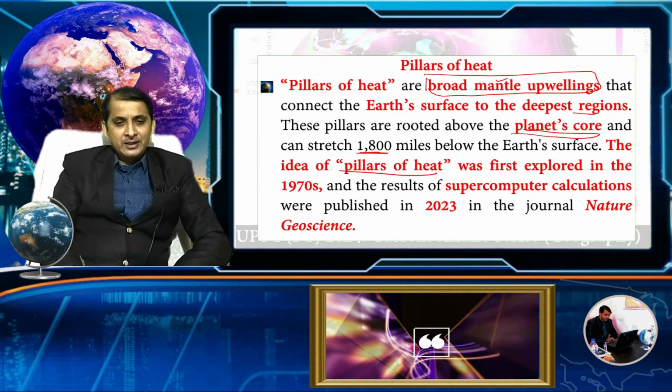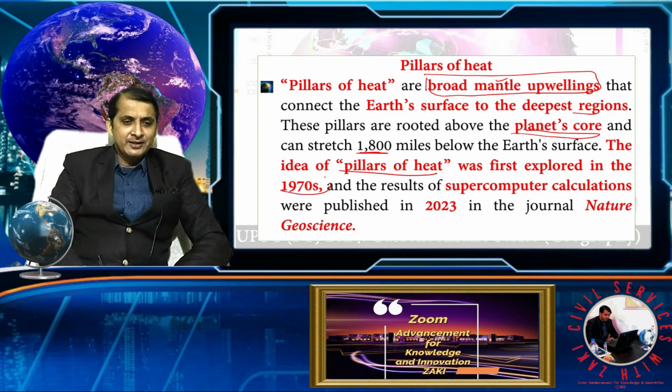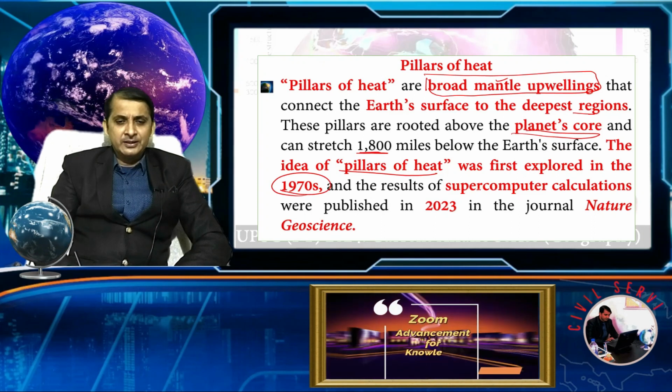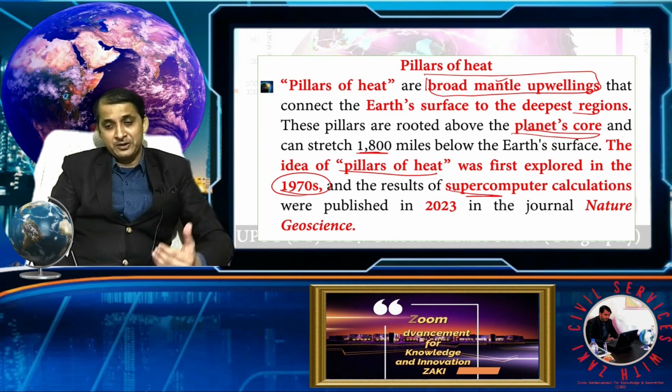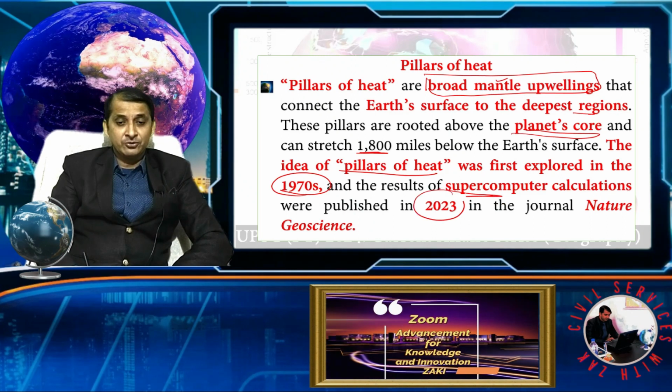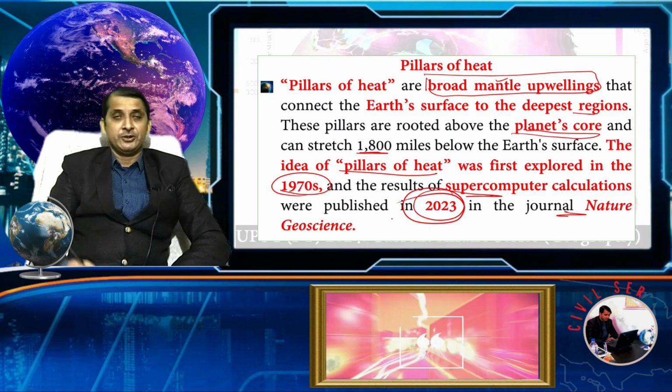So the idea of the pillar of heat was first explored in the 1970s, and the supercomputer calculations were published in 2023 in the journal Nature.